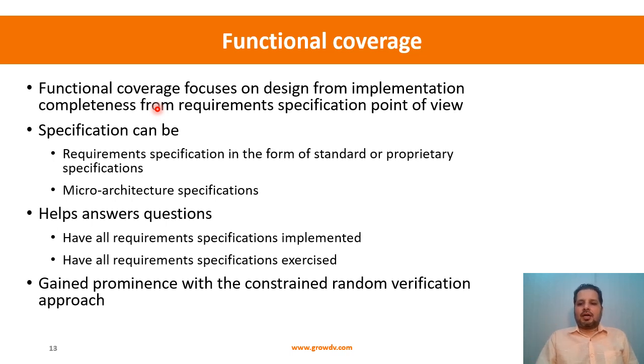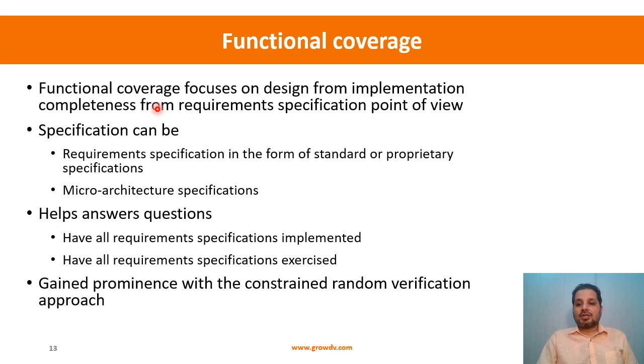So these are all standard body requirement specifications. Or it could be a proprietary specification, like AMD or NVIDIA implementing their own GPUs, right? There's no standard body governing how the GPU needs to be implemented. So those are all proprietary specifications, but there are requirements. So either from a standard body or within the company in the form of proprietary, there is a requirement specification.